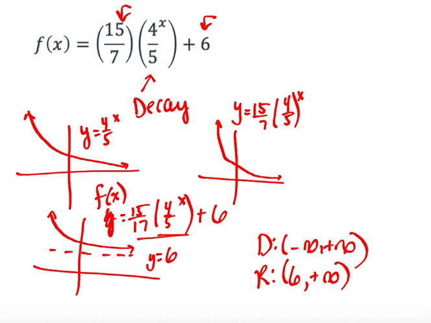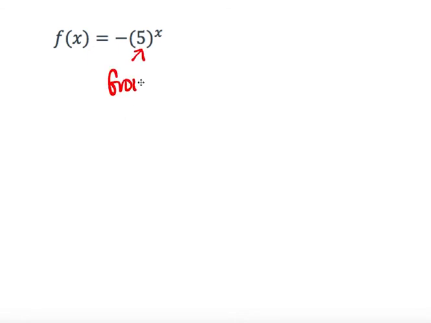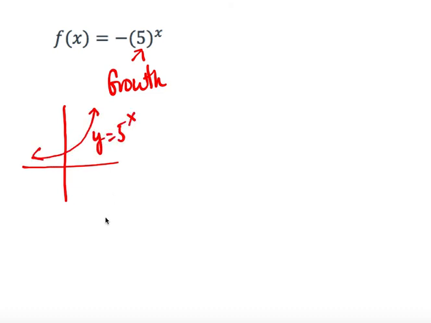Okay, and the next one, and the final one. When I look at this right here, I'll look at this number first. It's a growth. It's above 1. So I know I'm looking at this type of function. That would just be the 5 to the x.